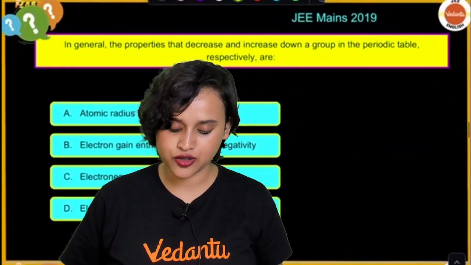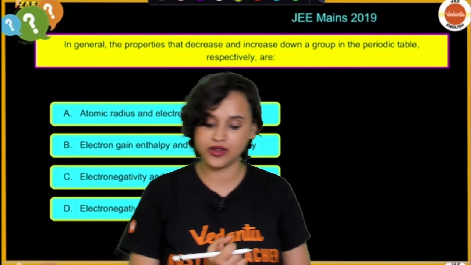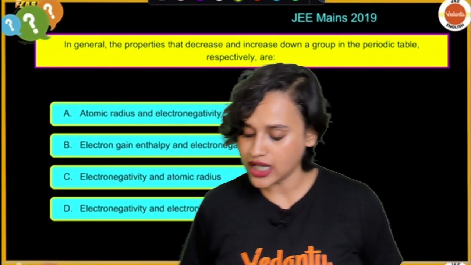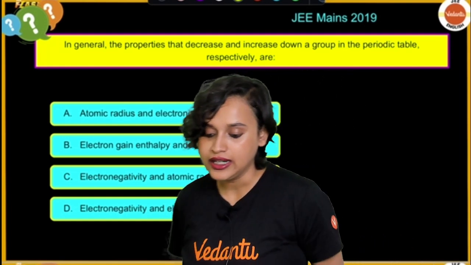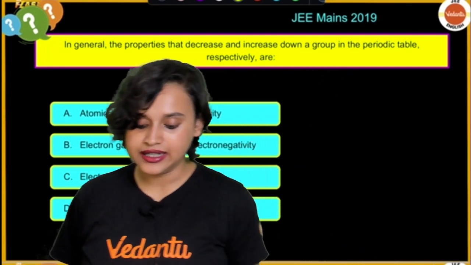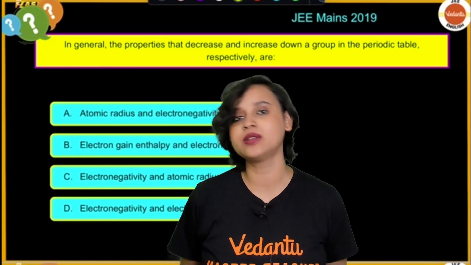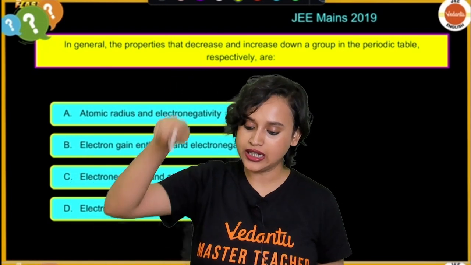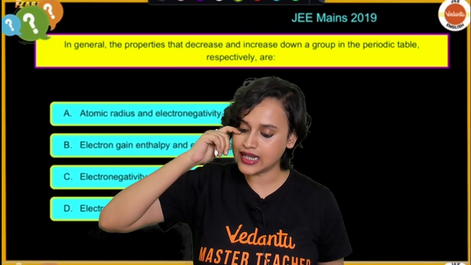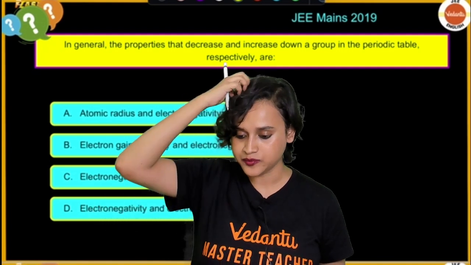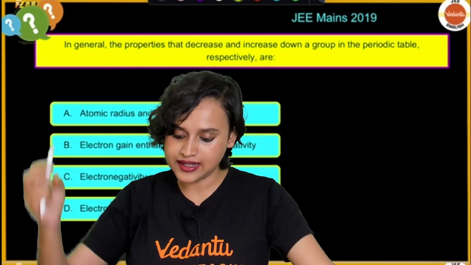This is a JEE Mains 2019 question, everybody. The question is, in general, the properties that decrease and increase down a group in the periodic table, respectively, are. Which one increases down the group? Atomic radius increases down the group, right? And what decreases down the group?